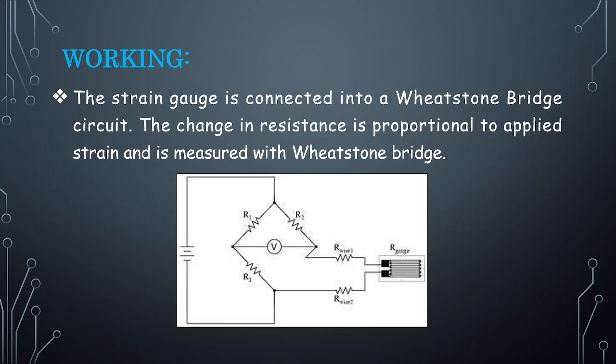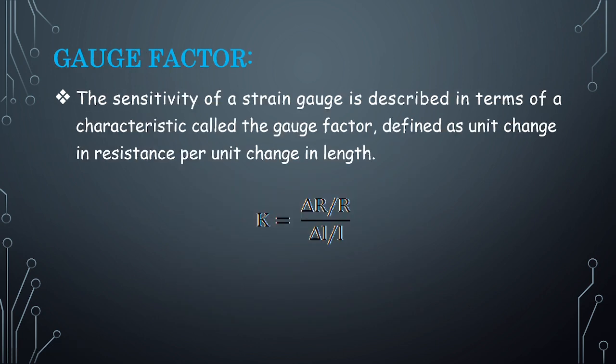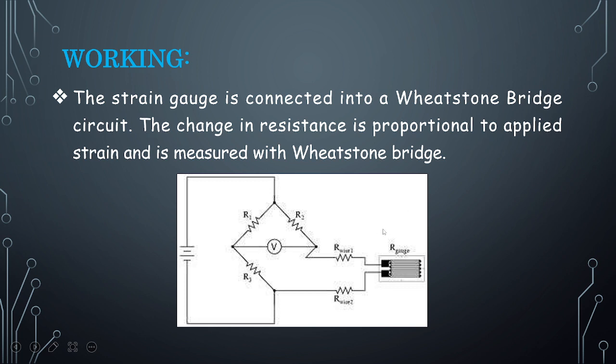Next, the working. The strain gauge is connected to a Wheatstone bridge. You can see R1, R2, R3 and a resistance R connected, and this is the strain gauge. The change in the resistance will be determined with the change in the current.